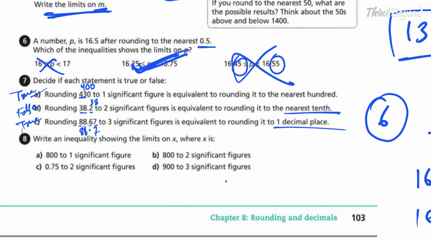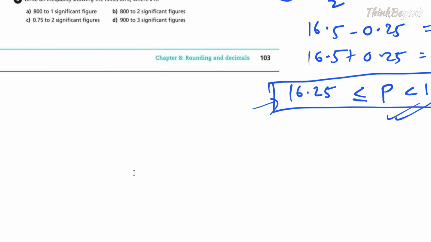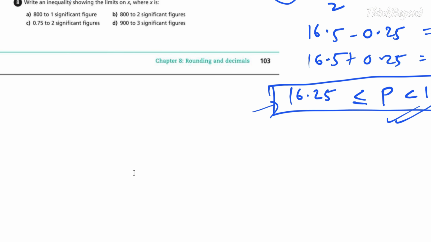Let's come to question number 8. Write an inequality showing the limits on x, where x is 800 to 1 significant figure. I hope you can do it very easily. Let's do it. Question 8a. 800 to 1 significant figure, which is the hundreds place.